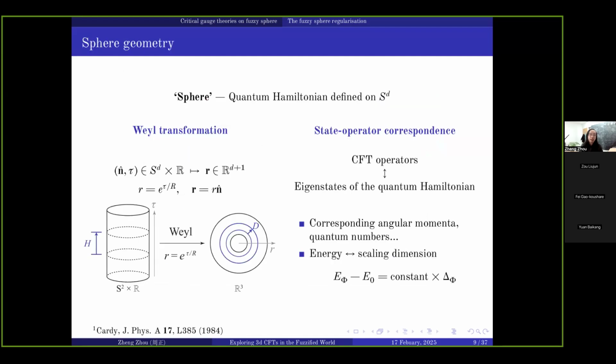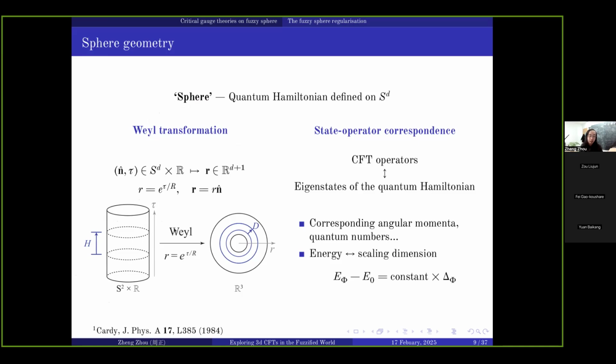So to better explain the idea of fuzzy sphere, we split it into 2 keywords. Sphere: we want to put a quantum Hamiltonian on a sphere S2. This is because, considering the imaginary time direction, this forms a generalized cylinder S2 times R. This manifold is known to be conformally flat.